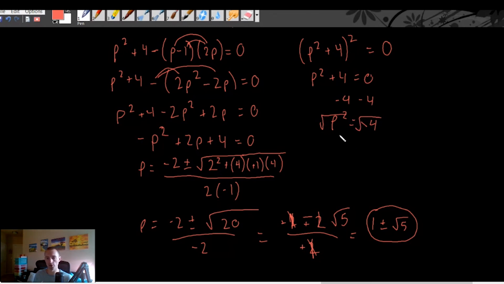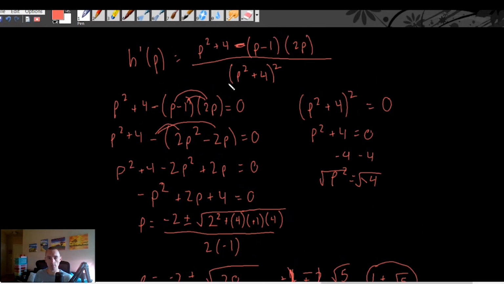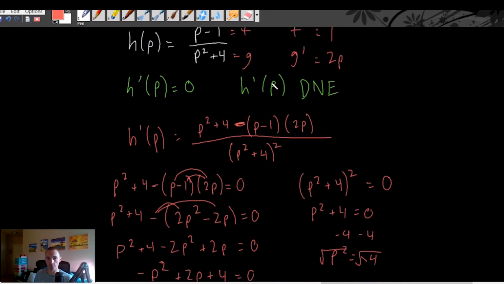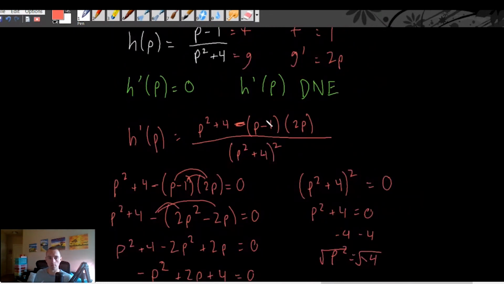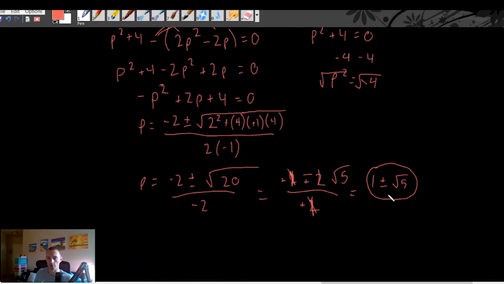So actually, there are not going to be any p values that cause our denominator to equal 0. And so as a result, there are no p values where h prime of p does not exist. So we're just going to have these 2 critical numbers from the p values that make h prime of p equal 0. So this is going to be our final answer, just these 2 critical numbers here.